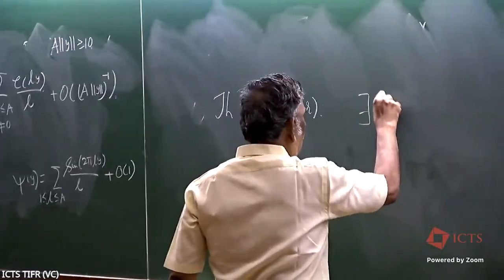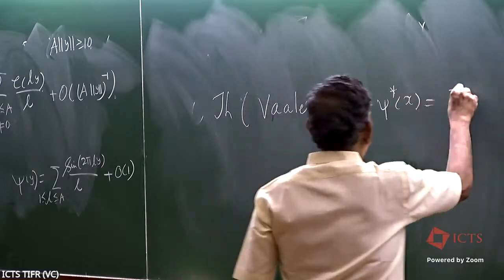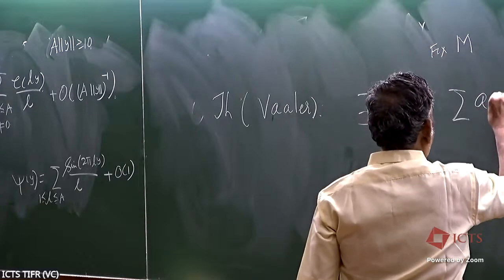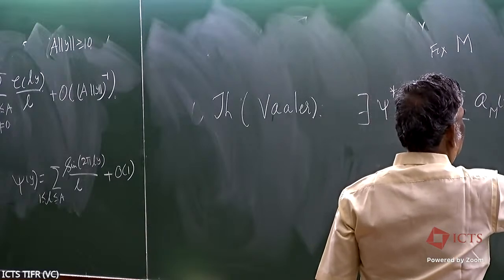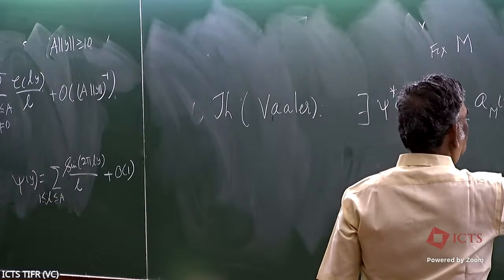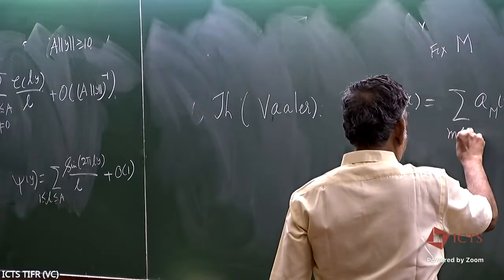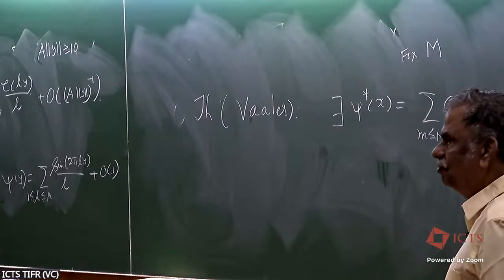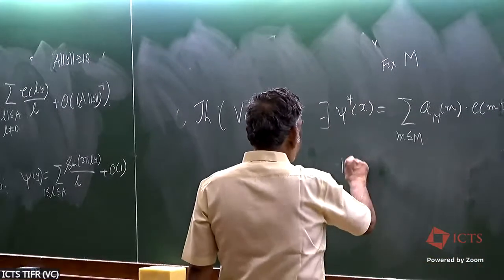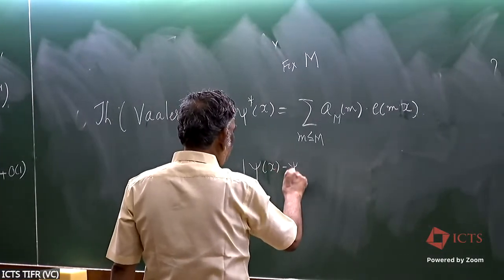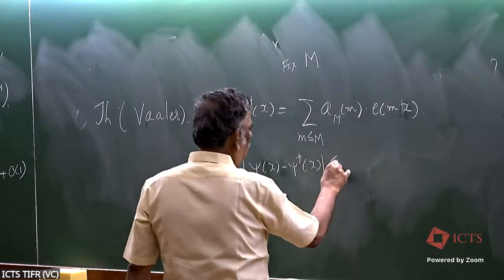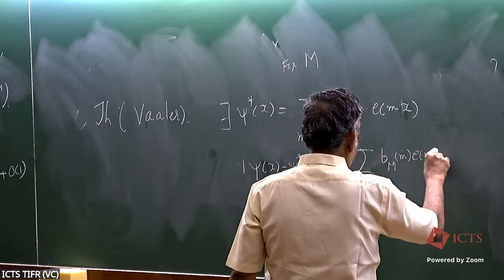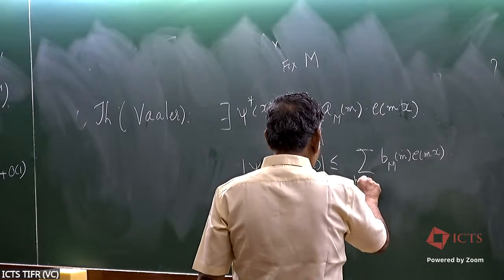There exists a psi star of x, a finite Fourier series, fixing an m first, and the coefficients will depend upon m, such that psi of x minus psi star of x is less than or equal to the summation of b_m(m) e(mx), again going only up to m.